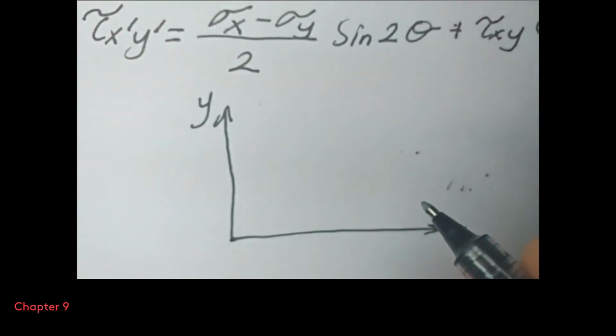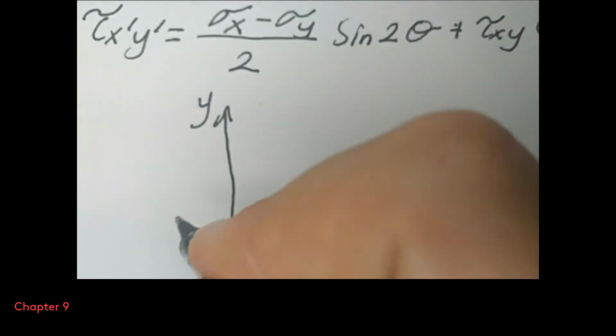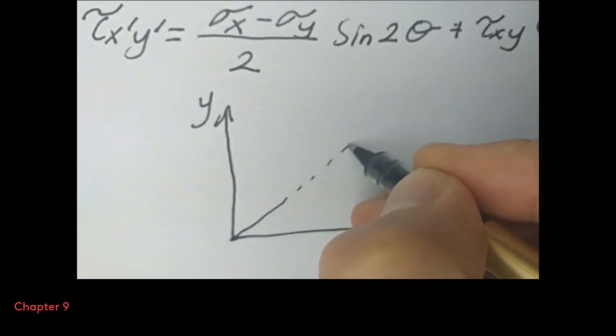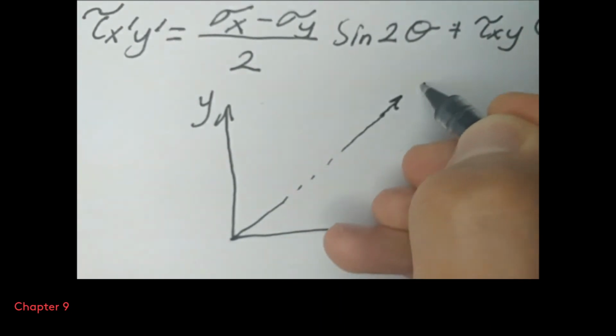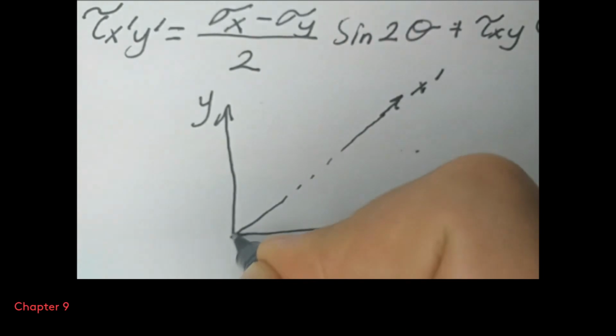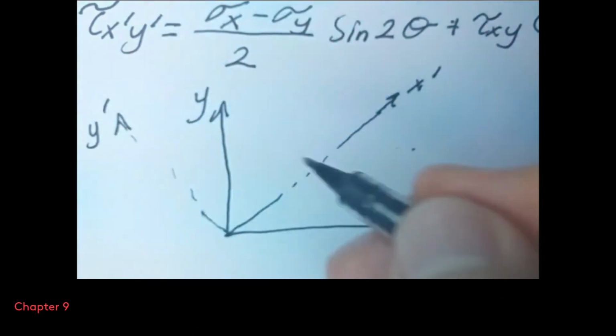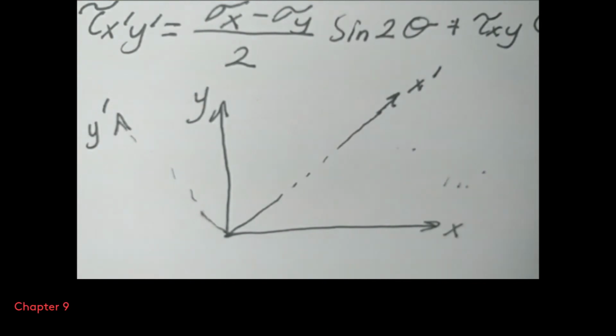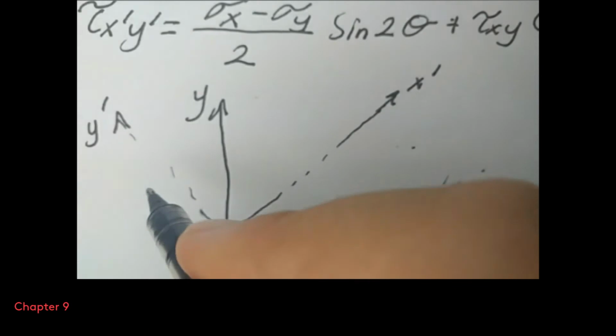Now we have another coordinate system, x prime y prime, and this angle is theta.